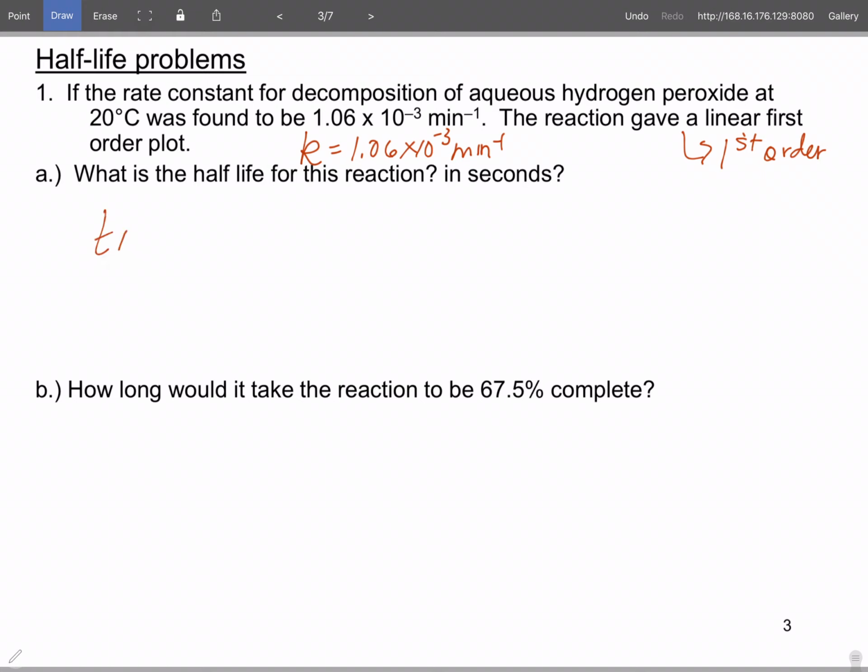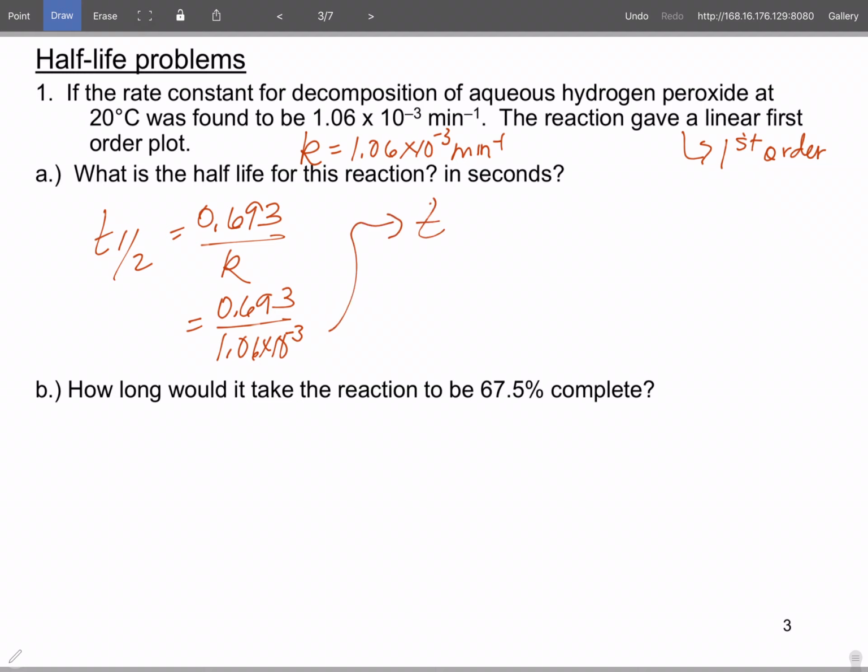Well, the half-life, we said, was 0.693 divided by k. So if we plug that in, that's 0.693 divided by 1.06 times 10 to the minus 3, which when we do the math on that, we get t 1/2 is equal to 653.77358.